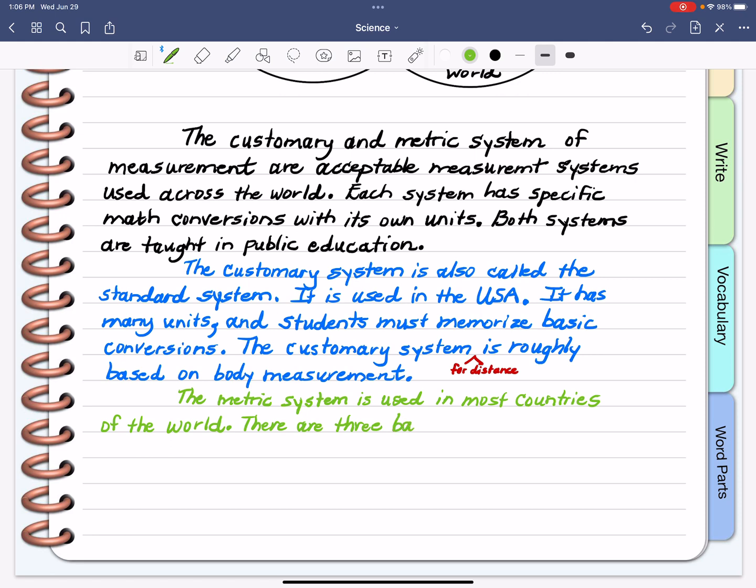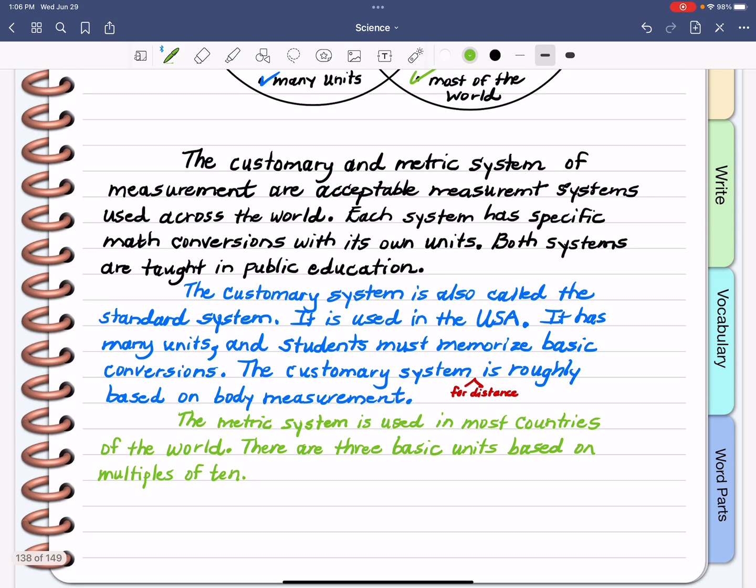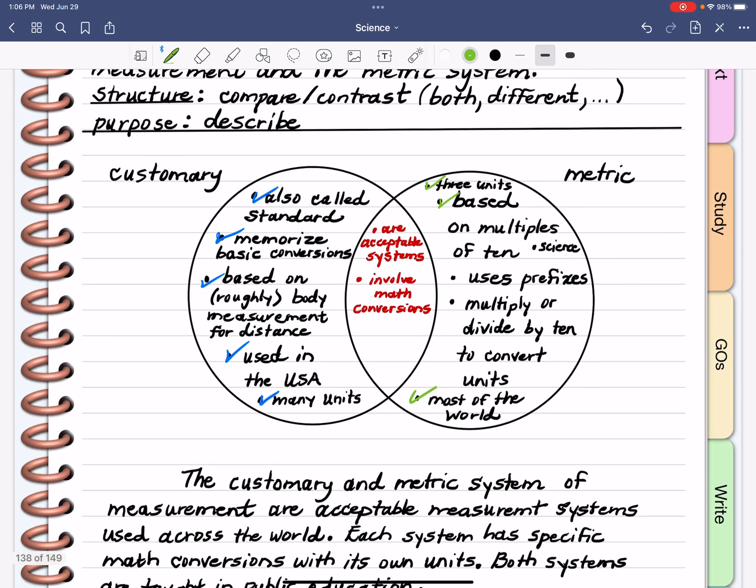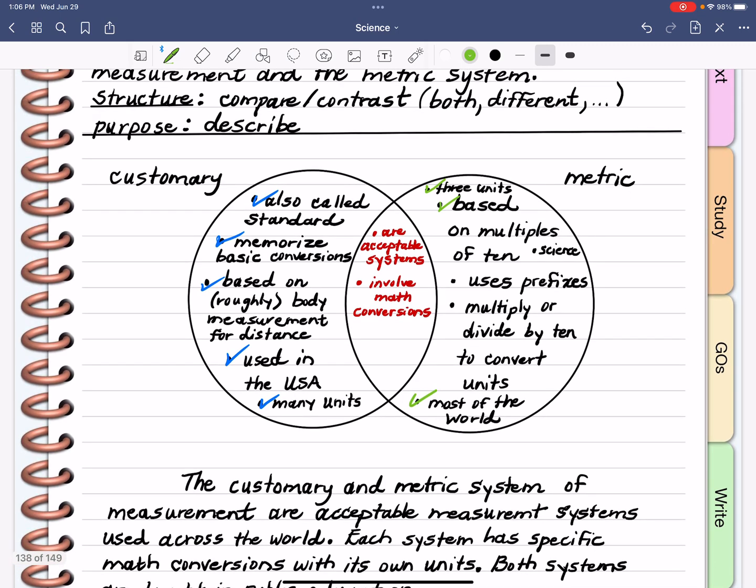If the number's less than 100, you need to spell it. And I'm going to combine those 2 points together: based on multiples of 10. 10 is less than 100, so I'm going to spell it out. So we have those 2.